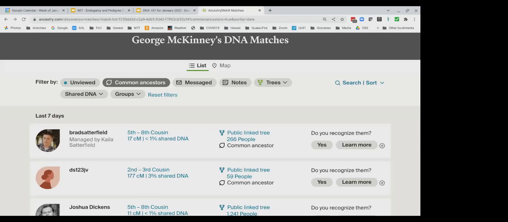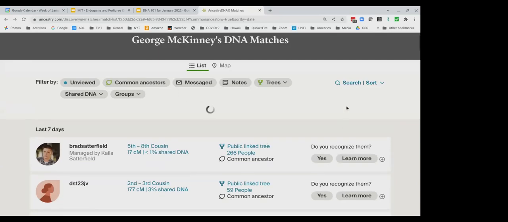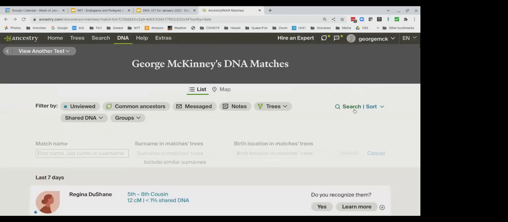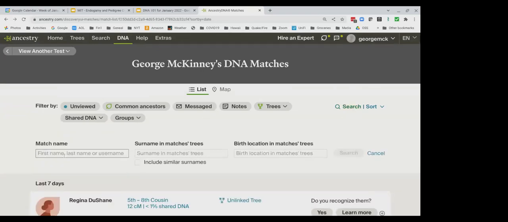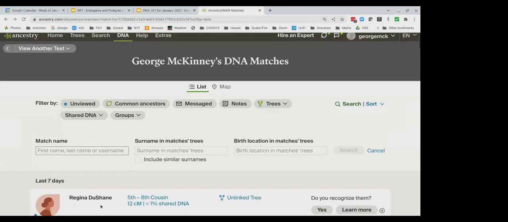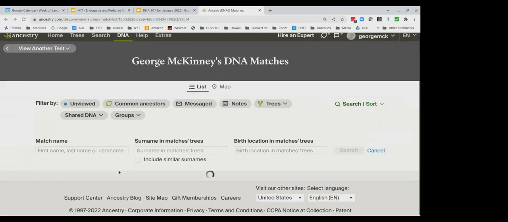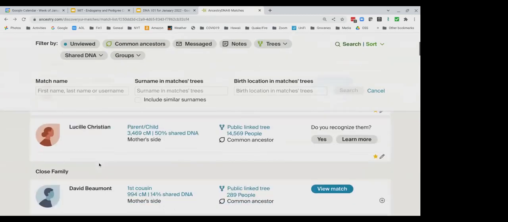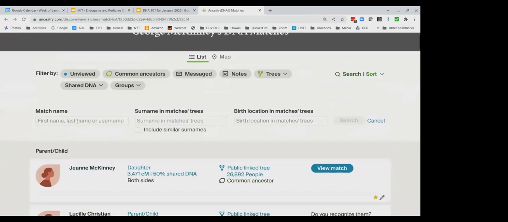Okay. So I'm going to get rid of the common ancestors part for the moment. I'm going to do search. So if you go to search, you can put in the name of the person who did the DNA. So I could put in Regina Duchesne's test. Okay, I want to go back and sort this by DNA. Now, I could put in, for example, David Beaumont here, and that would pull up his record.